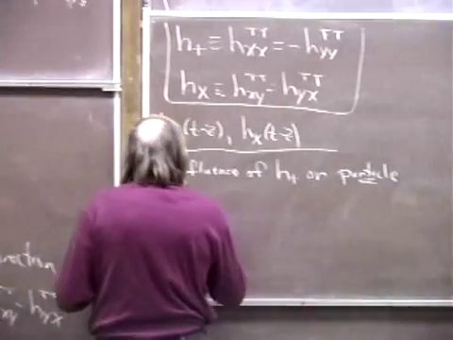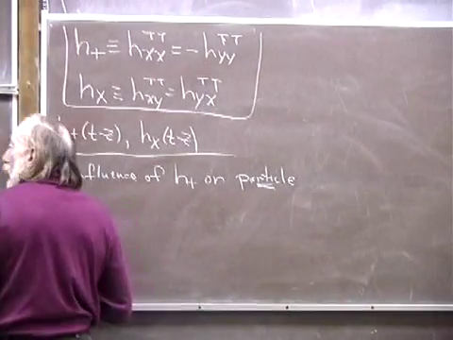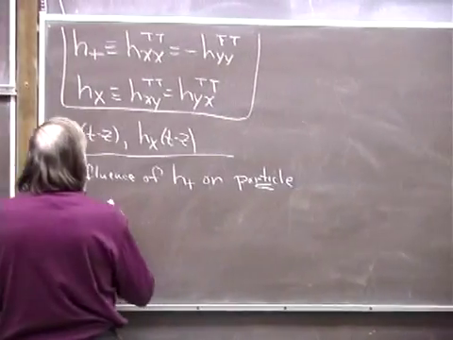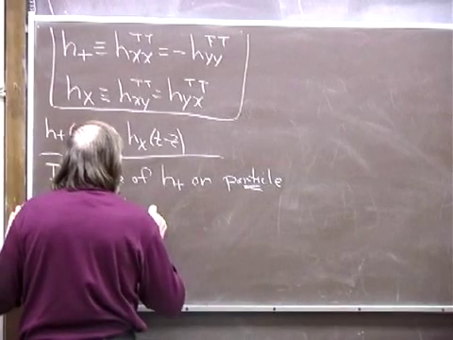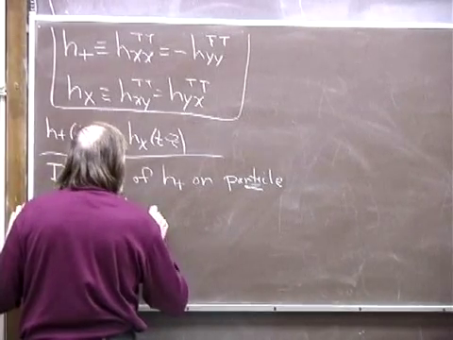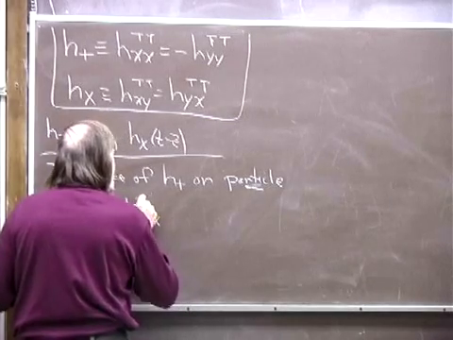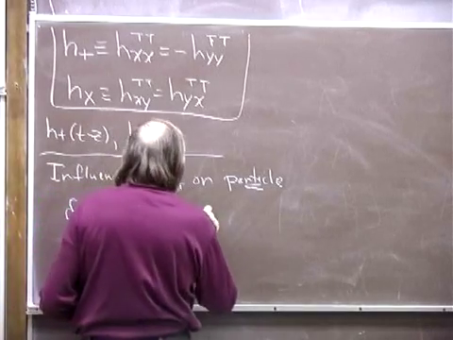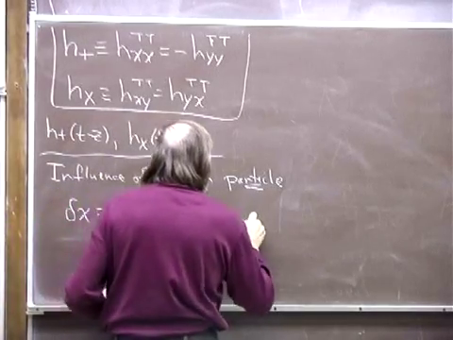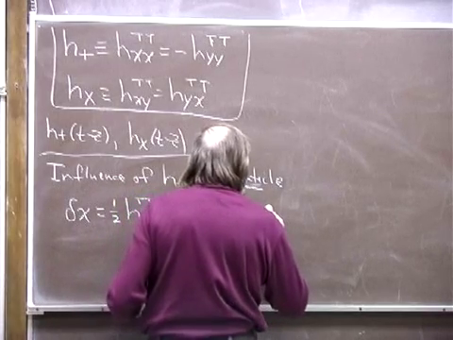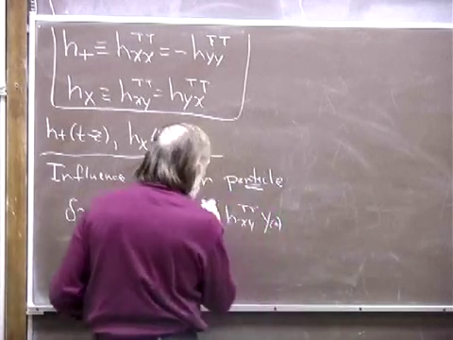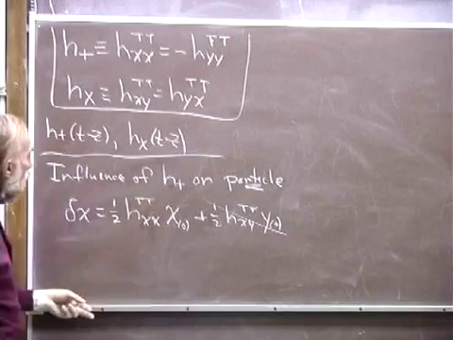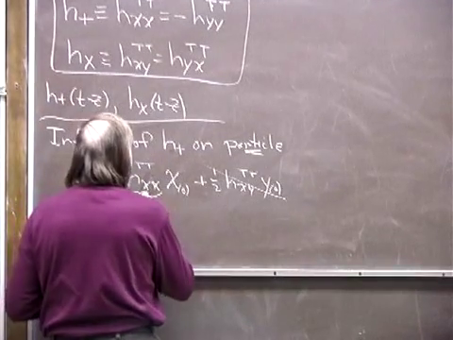So delta x for the x component, so if I let j equal 1 or j equal x, is equal to 1/2 hjk, 1/2 hxx tt times x, the unperturbed x, plus 1/2 hxy tt times the unperturbed y. This is absent in the case of the plus component of the waves. And this is just equal to h plus.